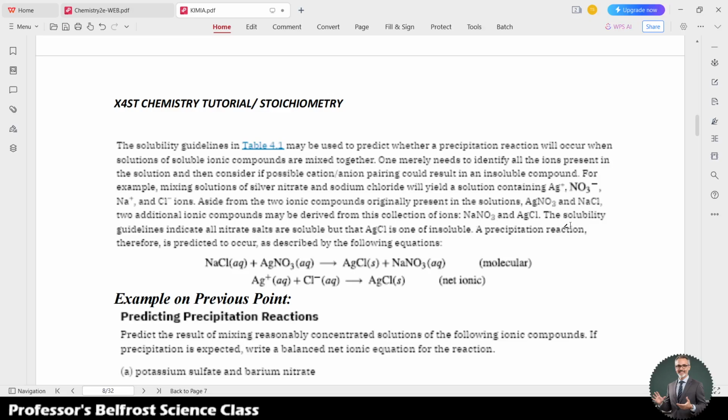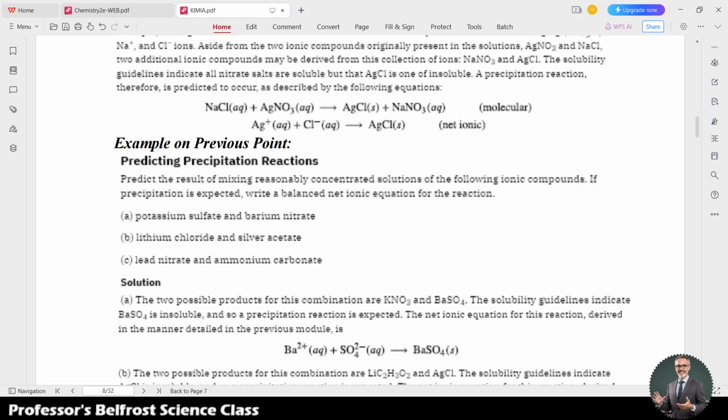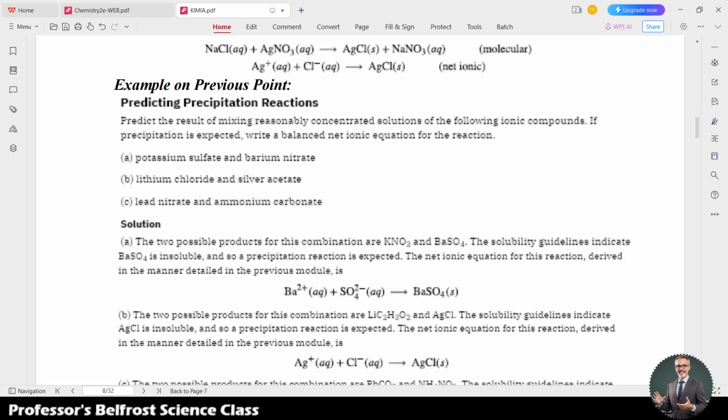And here is the precipitation reaction that is predicted to occur. NaCl plus AgNO3 results in AgCl plus NaNO3, and can be simplified to Ag plus plus Cl minus results in AgCl. Let's see the example for this one. Predict the result of mixing reasonably concentrated solutions of the following ionic compounds. If precipitation is expected, write the balanced net ionic equation for the reaction.